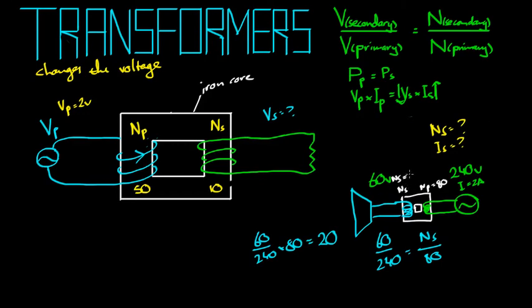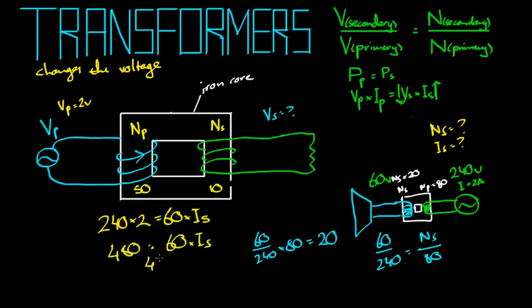So Ns is equal to 20. Is is equal to, well, the power here has to equal the power here. So 240 times 2 has to equal 60 times Is. 480 equals 60 times Is. 480 over 60 is equal to 8 amps.